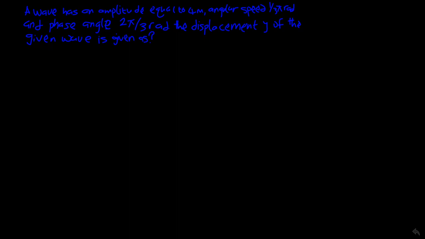So we know our amplitude, we'll write out everything. We'll say data. Our amplitude is just 4 meters. Then you also have angular speed to be 1 over 3 pi rad.